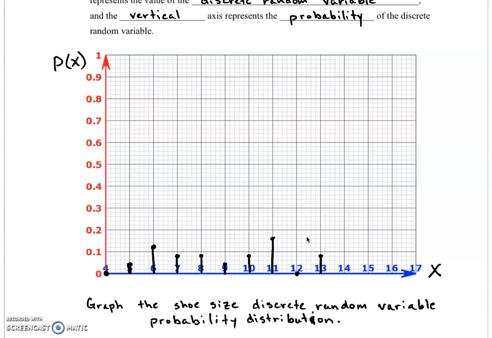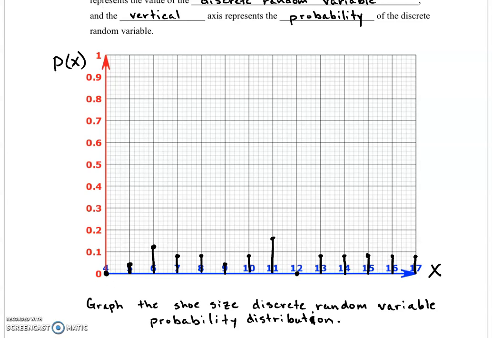So I'm just filling in the rest of them here. And 13 through 17 are all 0.08. So that's what our probability table looks like.